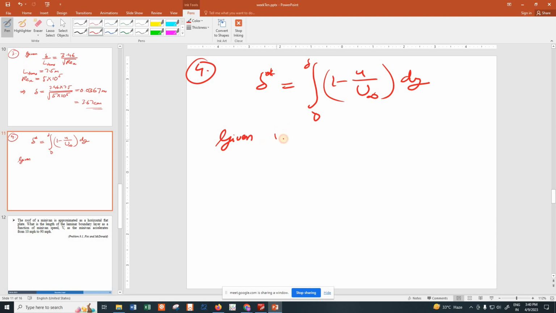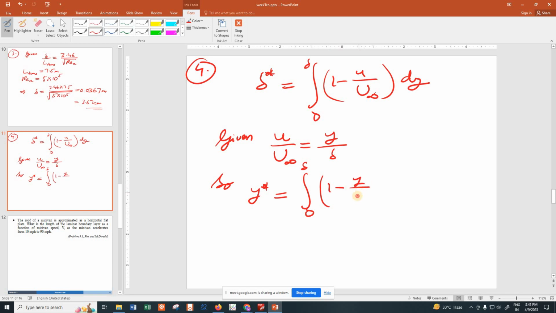Given in the question was that u by u infinity can be approximated as y by delta. So this becomes the integral from 0 to delta of 1 minus y by delta with respect to y.